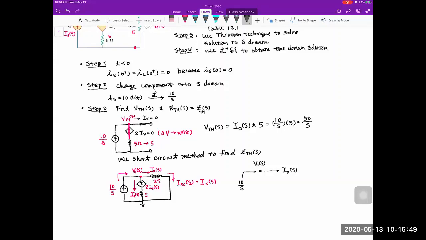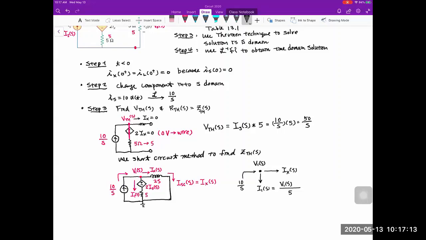So this one here is going to be something over 5. Now the top one here, you look at the current direction, the current starts from V1 of S and goes to the positive node.